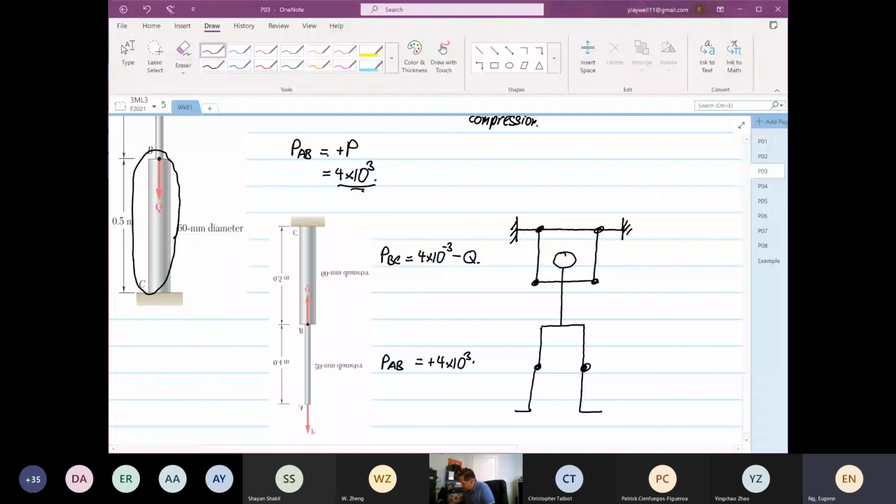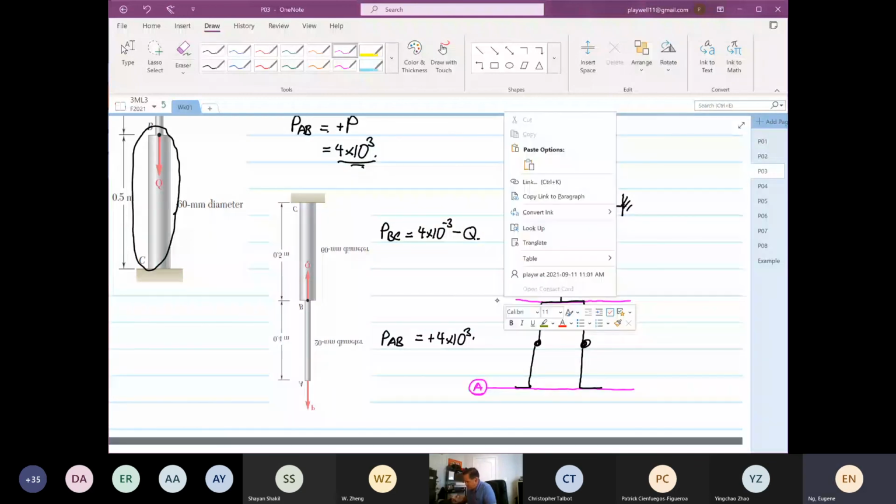So if we apply a force, I'll call this our point A, B, and this is our point C. So I want us to look at our hand down here.